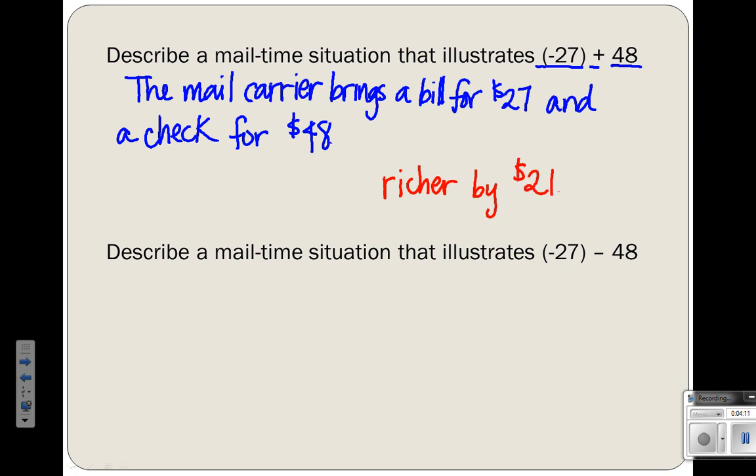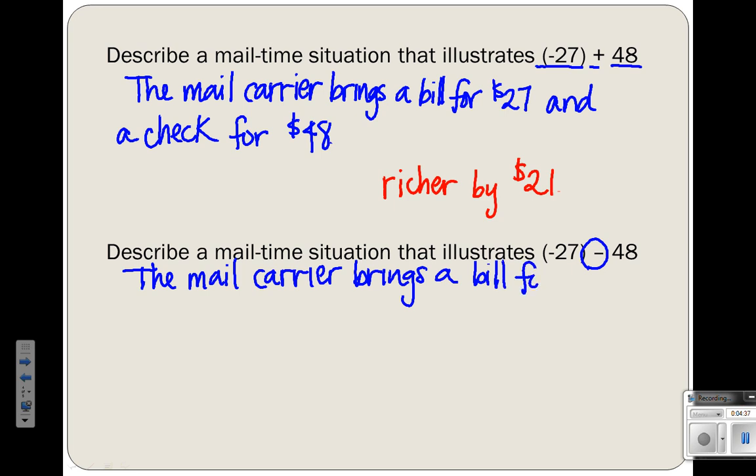Okay, let's look at another one. Describe a mail time situation that illustrates negative 27 minus 48. Now notice, the only thing that I changed here was the middle sign. Okay, so you're going to start exactly the same. The mail carrier brings a bill for $27.